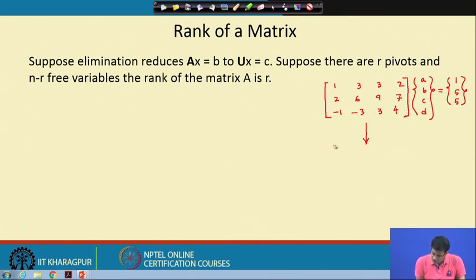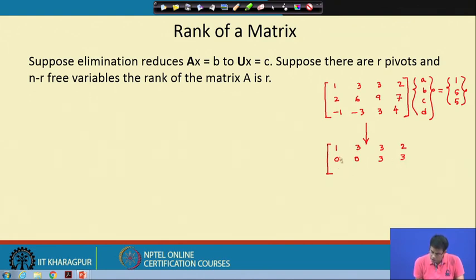So I can just do the row operation that we have learned earlier. 1 3 3 2, let us keep this the same, and then I multiply the first row by 2 and subtract it from the second row. So it will be 0, then 0, then 9 minus 6, that is 3, then 7 minus 2 into 2, 4, that is 3.